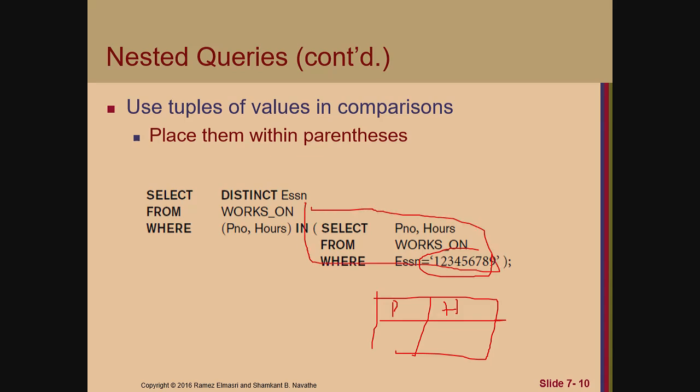After that, we just show, but for just this man, right? And show the P&O and hours that equal to this data, and show who works in the same project and works hours equal to this man.